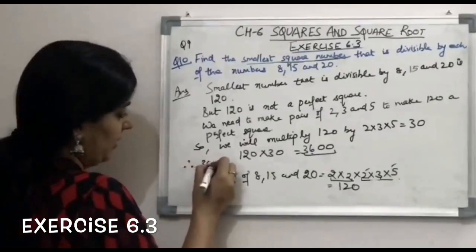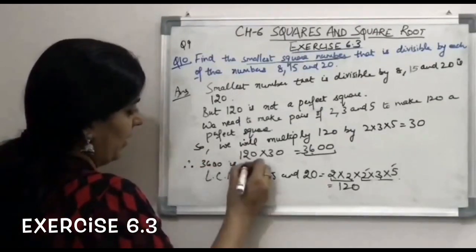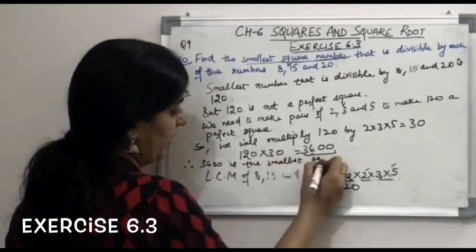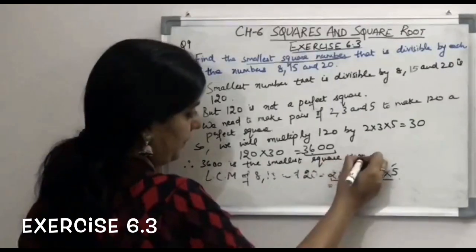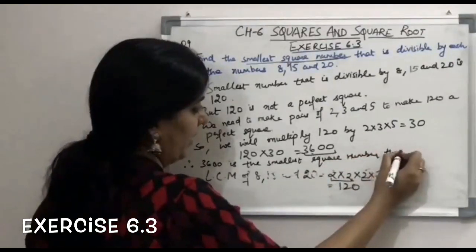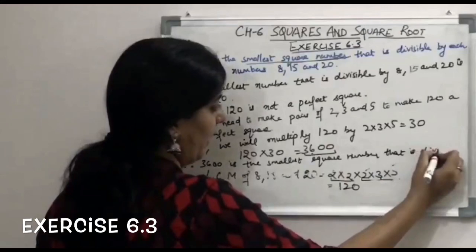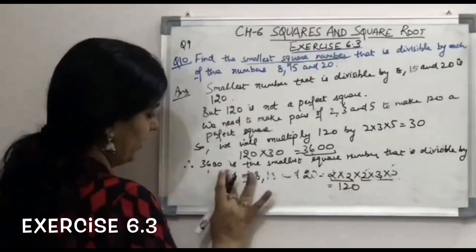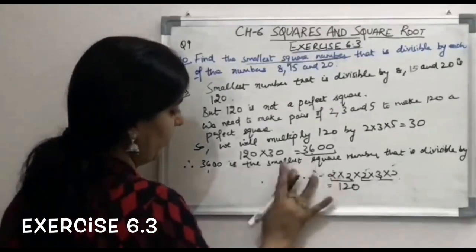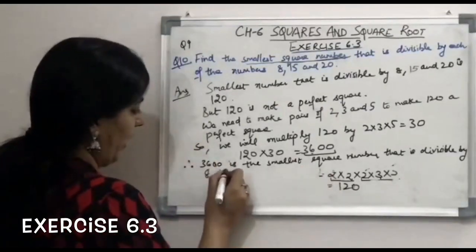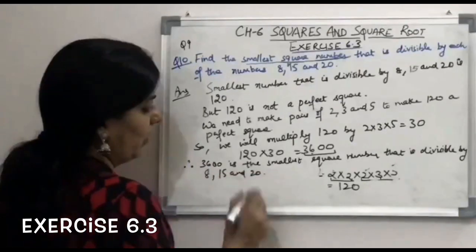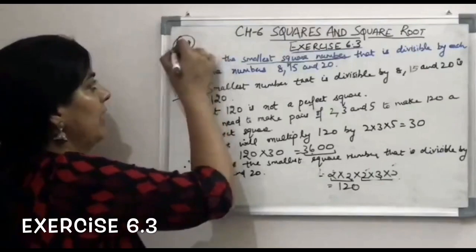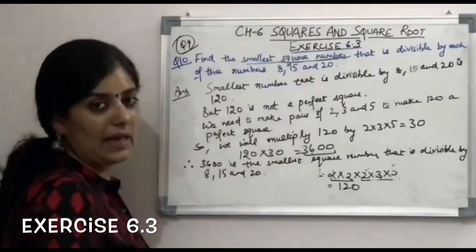Therefore 3600 is the smallest square number that is divisible by all these numbers 8, 15 and 20. This is your answer. This is how you will do question number 9. So this completes your exercise 6.3.